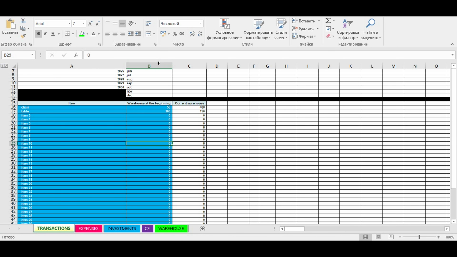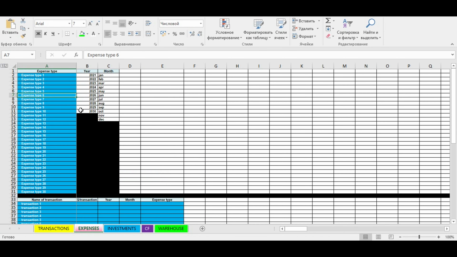Well, now let's move to expenses. Here we can name different types of expenses of our business.